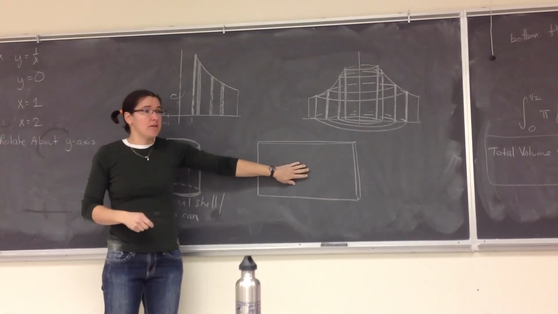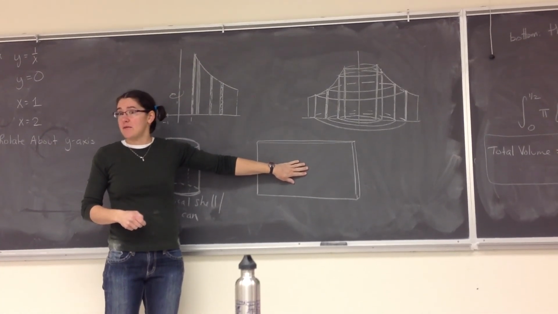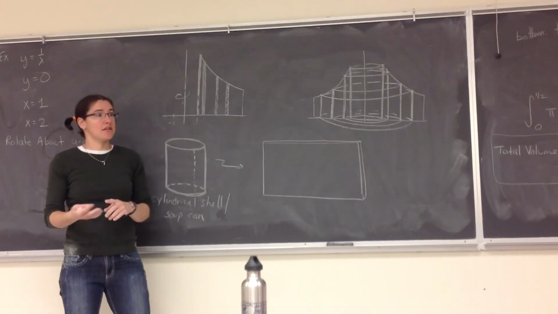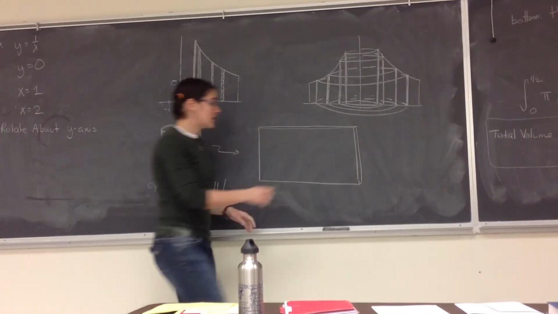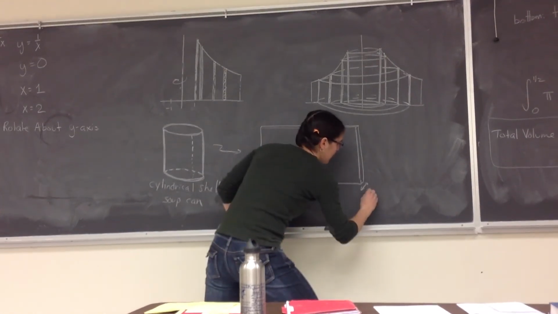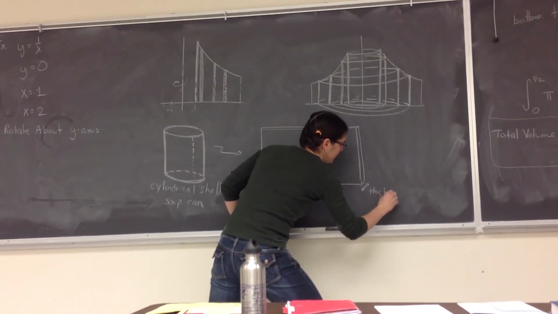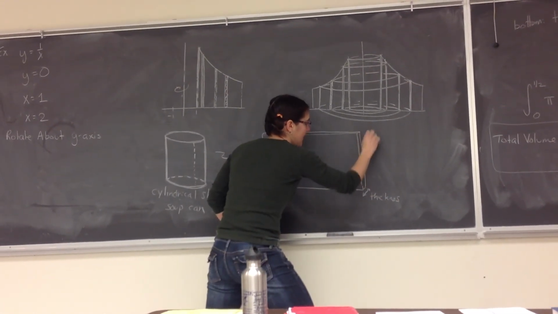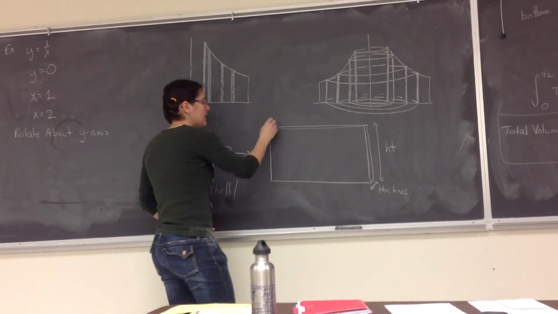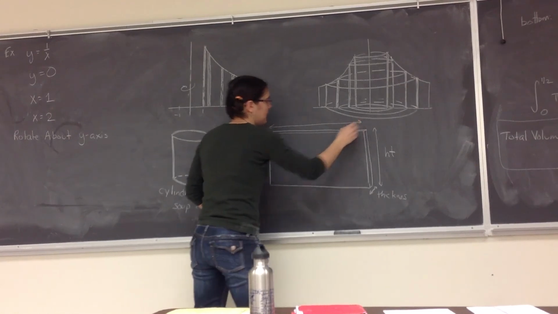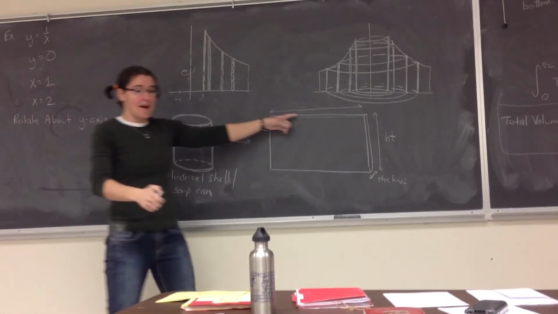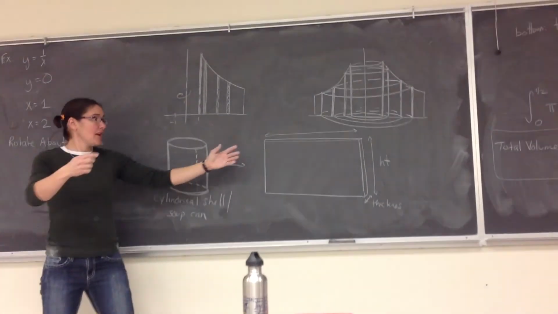Now the volume of this piece of metal, because this is a nice rectangular slab, is length times width times height. Here I've got a little bit of distance, which I'll call my thickness. And then I've got my height. And my width, well, remember where this slab came from.